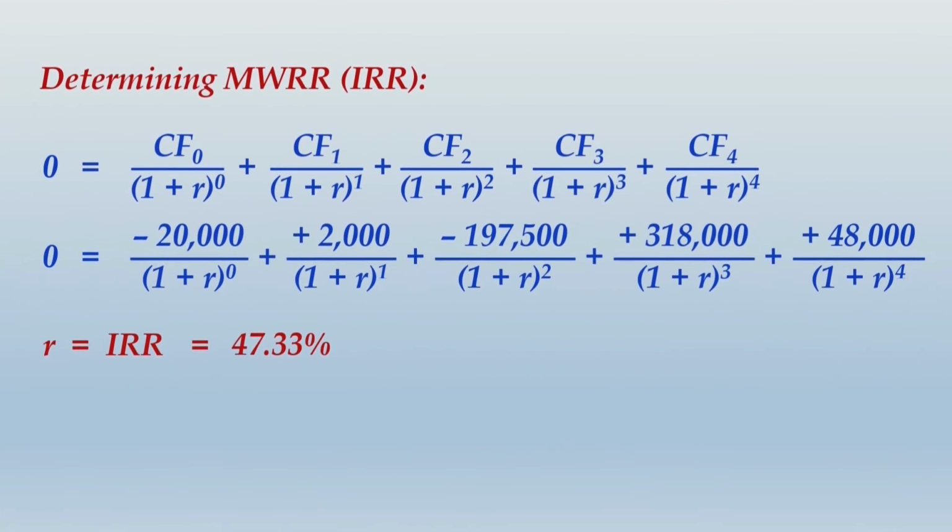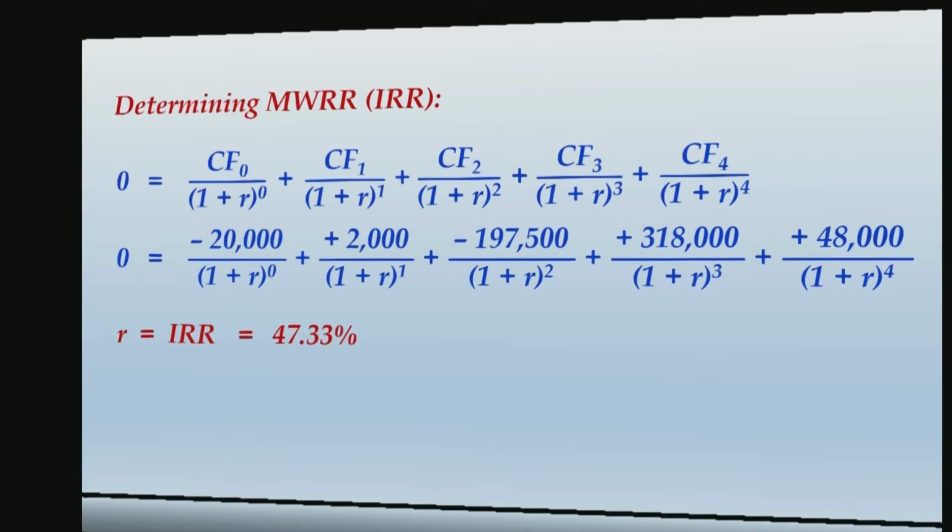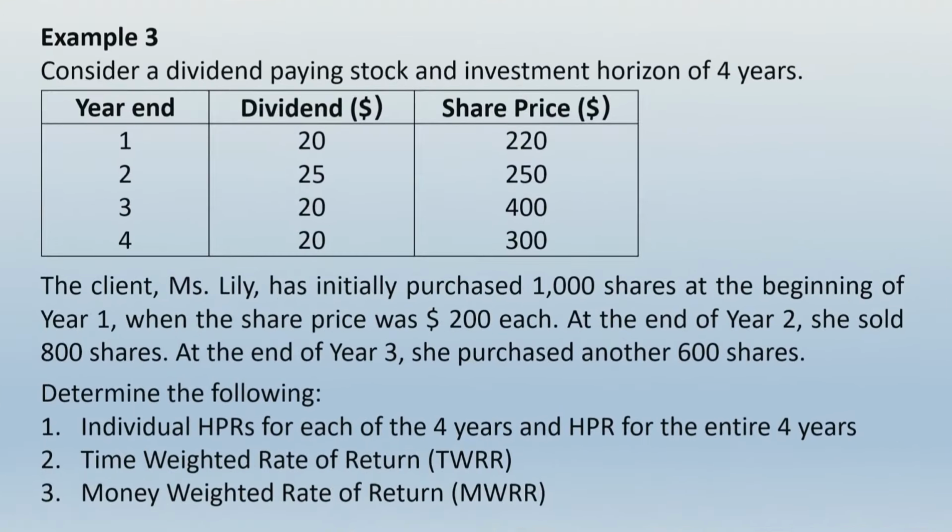A similar example but with a slightly different scenario I'm putting over here as example 3. You would notice that the initial data is the same as what was given to you in example 2.